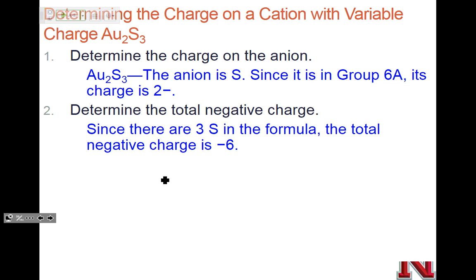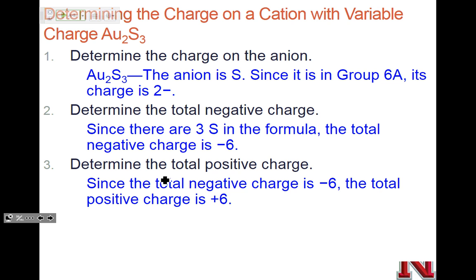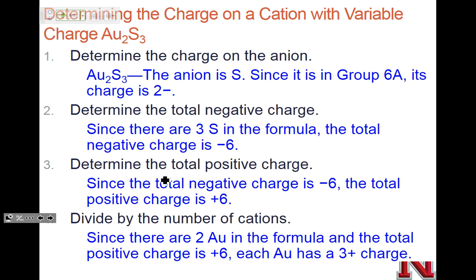And our total negative charge is 6-, and we have to balance that. So since our total positive charge is going to be +6, we know that we have a 3+ charge on gold. Again, you can set that up as an algebra equation as well, which is what I was doing on the examples before. So as far as naming it, it would be gold 3 sulfide.